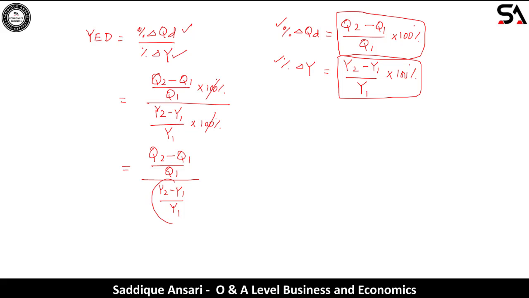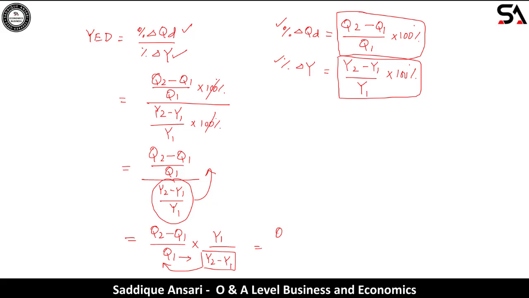Now if we take the denominator here, it will become reciprocal. So Q2 minus Q1 divided by Q1 multiplied by Y1 over Y2 minus Y1. Now we can change this position. We can take it here and write Q1 here.